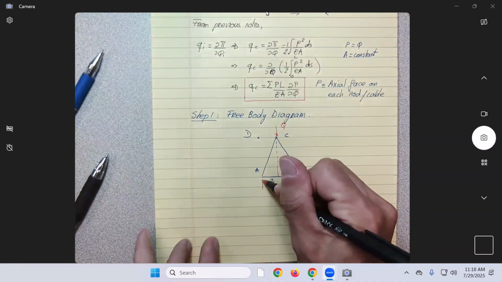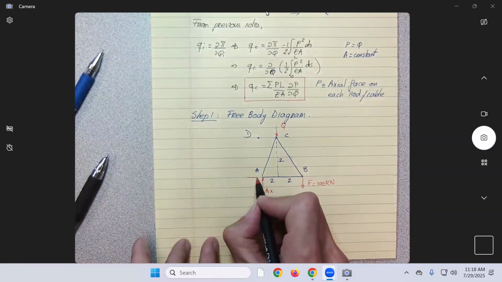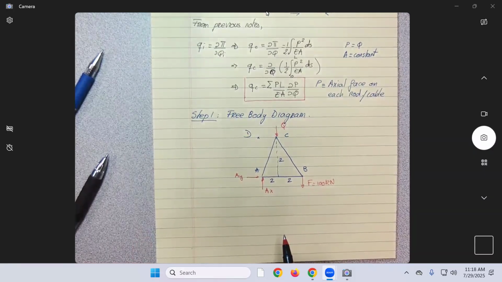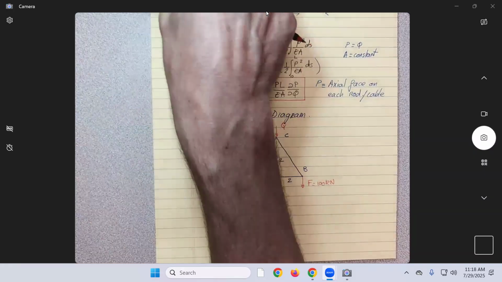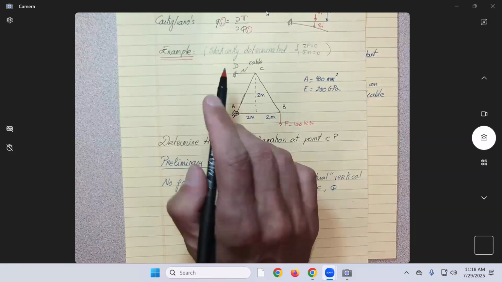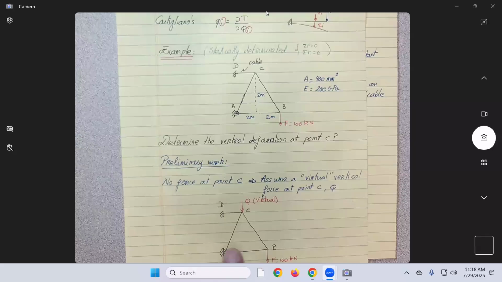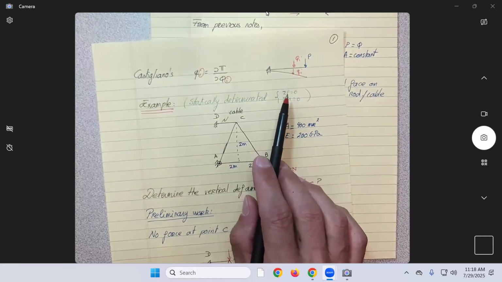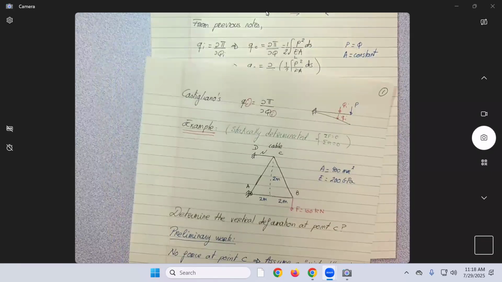So that means how many reactions? You can have A sub X, A sub Y. Now, I have a good question for you. I clearly say that this problem is going to be statically determinate, correct? Statically determinate means that it can be solved using the equations of equilibrium: summation of forces equal to 0, summation of moments equal to 0.